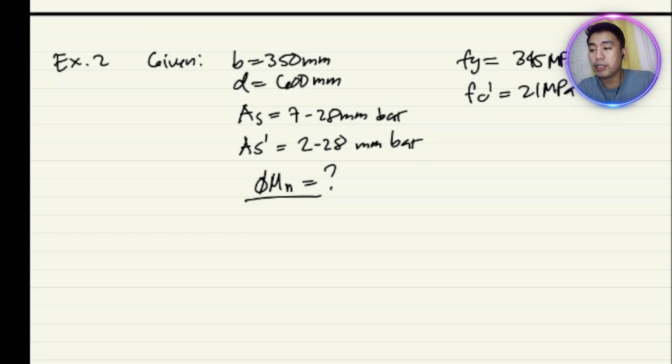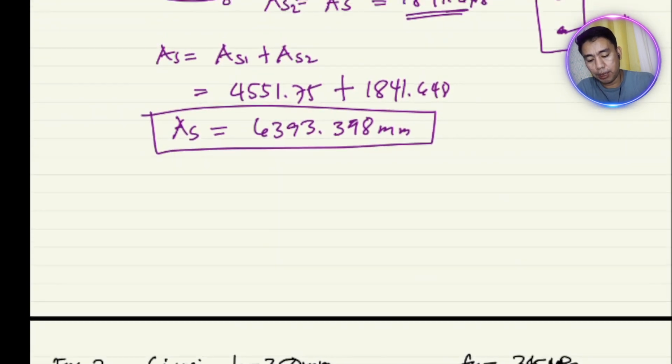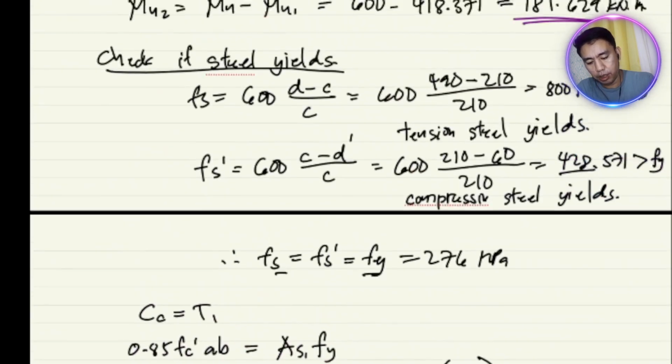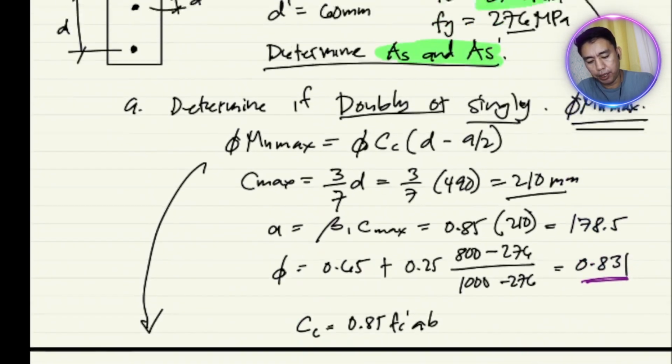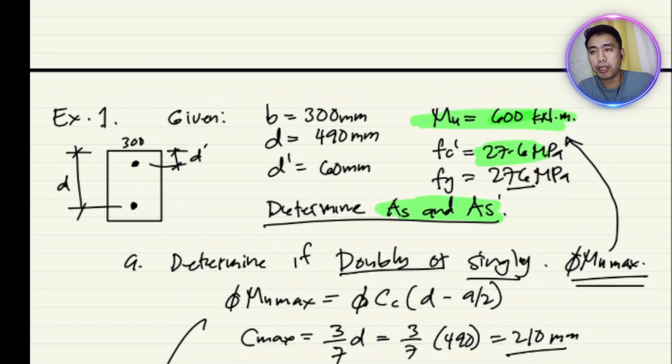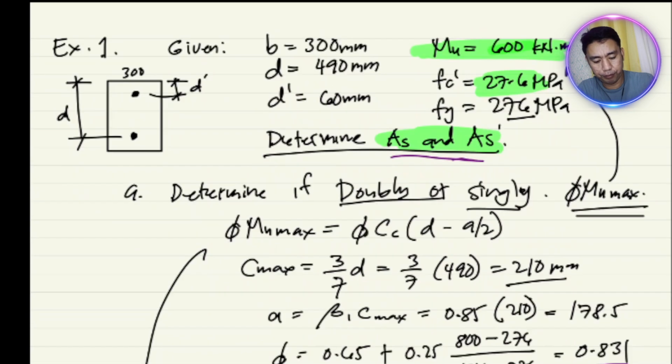In this video, we will continue solving additional examples for doubly reinforced beam. So in our last example, we are given a design problem where the dimensions and the moment are given, and then we are tasked to determine the area of rebar AS and AS prime.